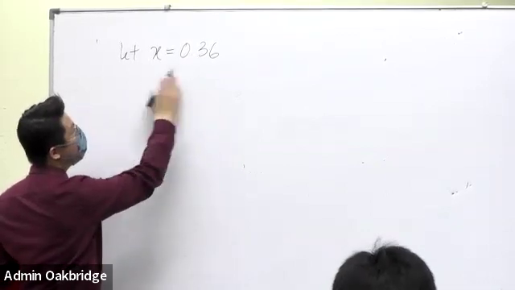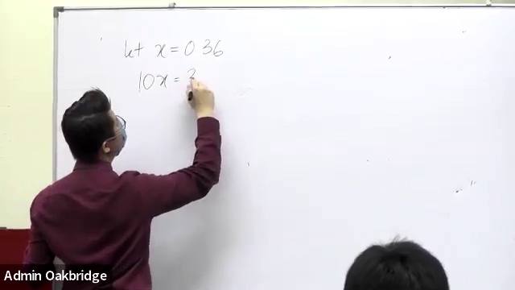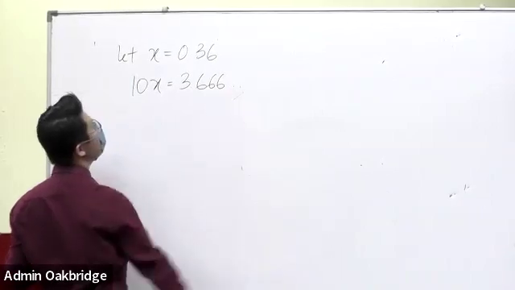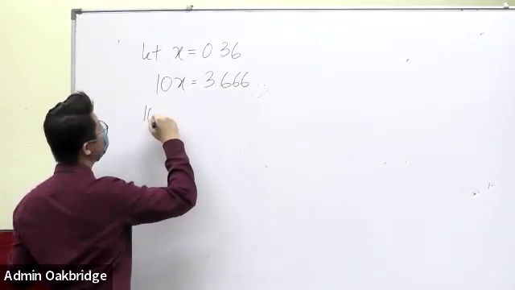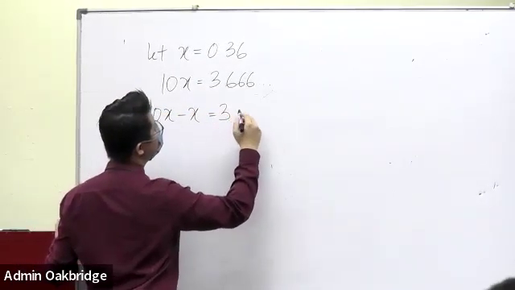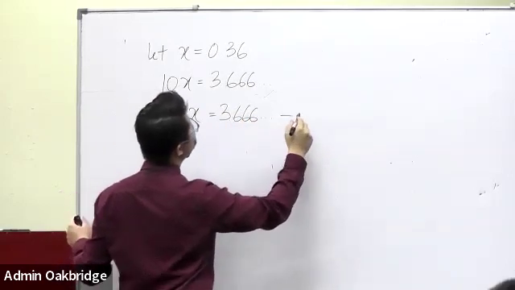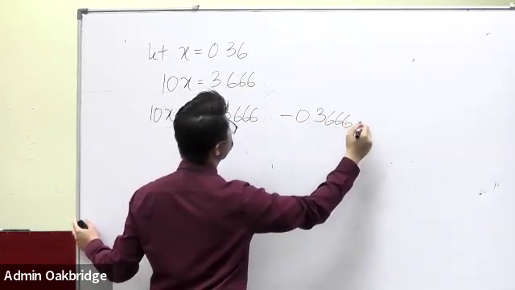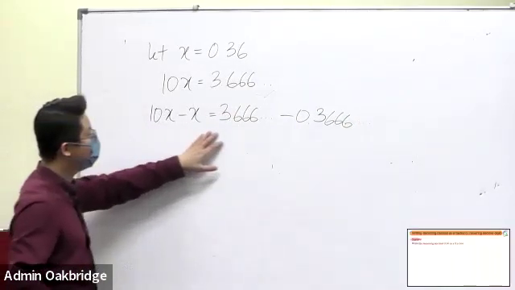So you need to times 10 for both sides, and you have 3.666 dot, right? And then again, you minus x for both sides, minus 0.3666 and so on. Now we want to simplify this equation.